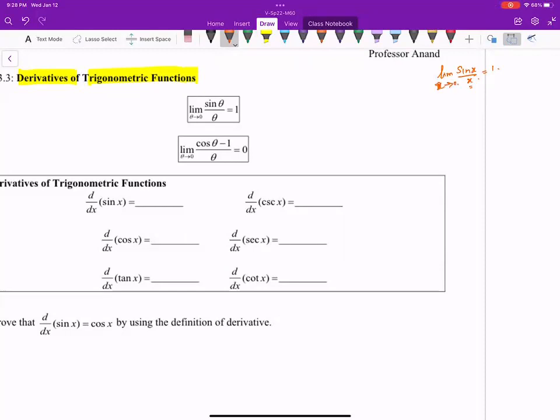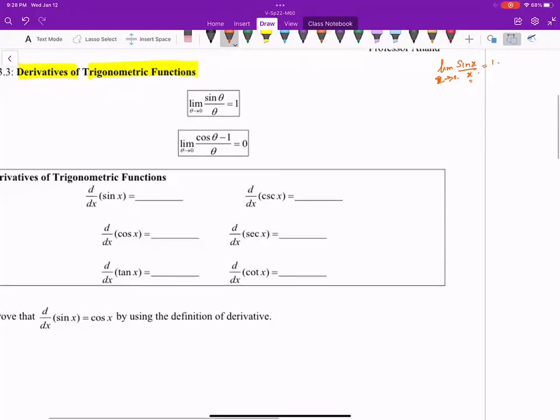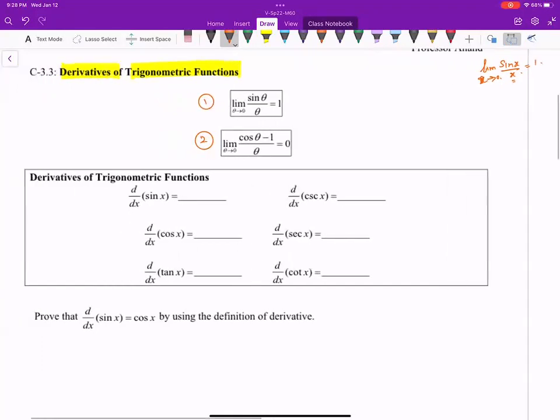Same way, if you graph cosine theta minus 1 over theta, as theta approaches 0, this is equal to 0. These two rules are important to prove even the derivative rules of sine x or cosine x.